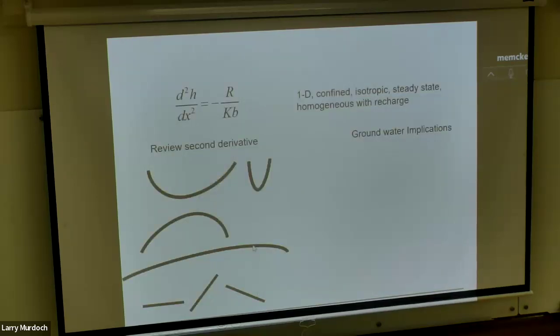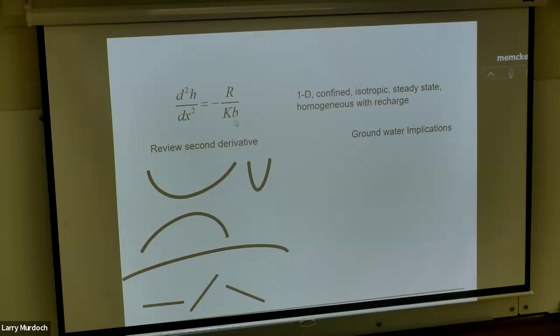Okay, so this, in the simplest form, we have this. And what this says is that the second derivative of the heads is proportional to the negative of the ratio between the recharge and the transmissivity.